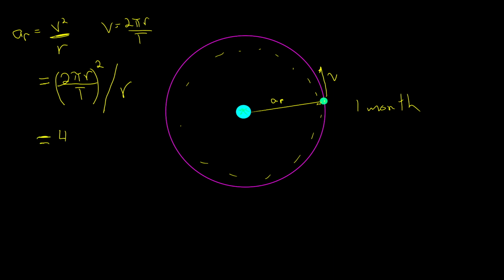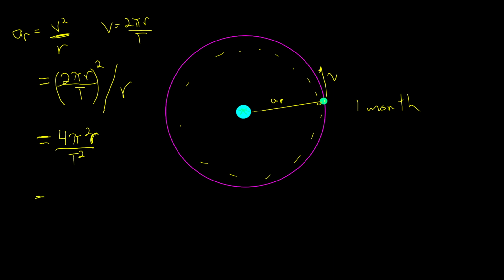If I square this, I get 4 pi squared. It pops up in loads of astronomy problems, and this is why. In fact, pi squared is a common thing within rotational motion. Divided by T squared, my period squared. Now I'm going to have an r on the bottom and an r squared up top, so that's just going to become plain r. And so I can simplify the motion of the moon.